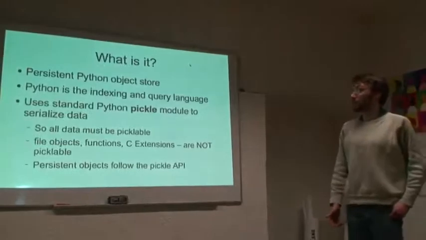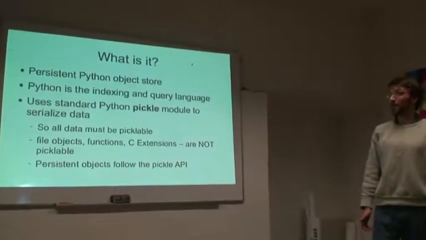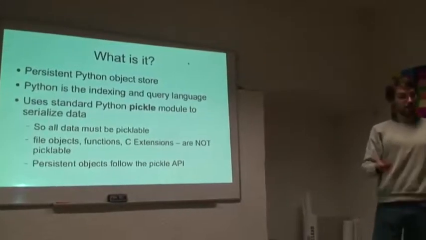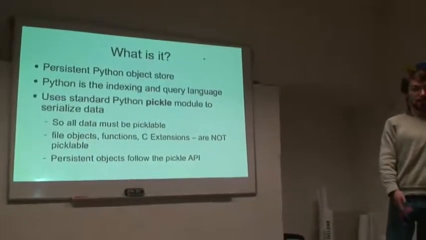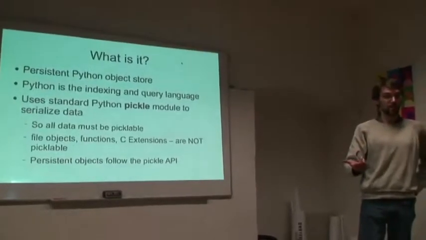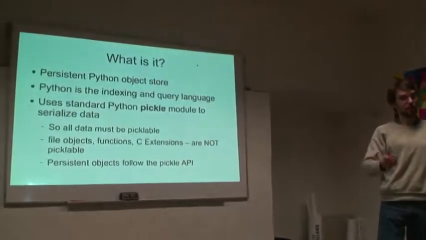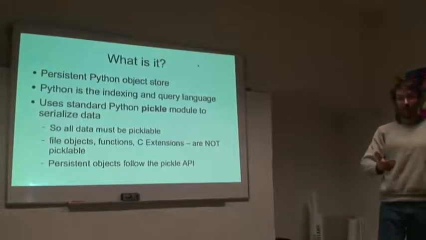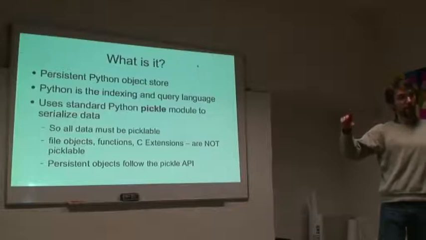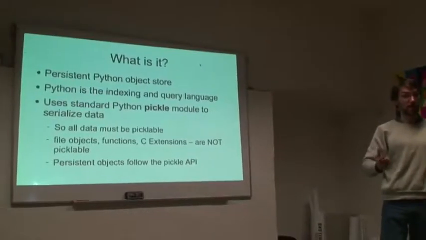What is it? It's a Python persistent Python object store database. But it differs from any standard database that I've used before, like a relational database, in that there's no SQL statement, there's no querying layer, because everything's done through Python.